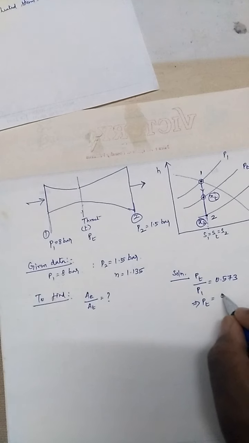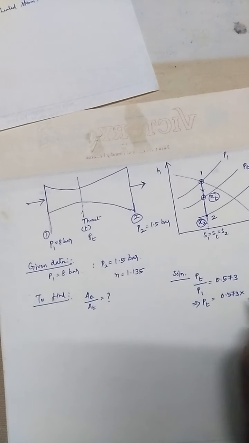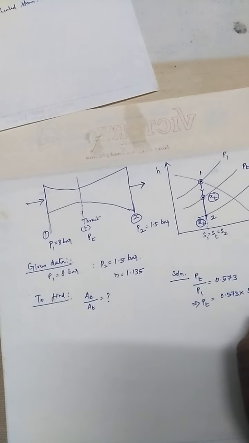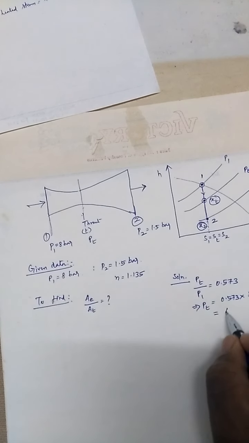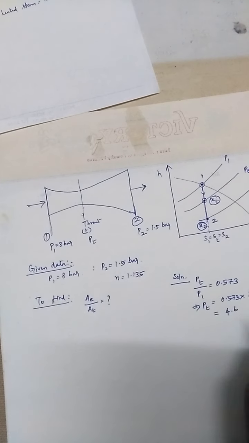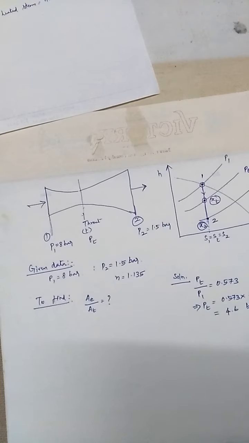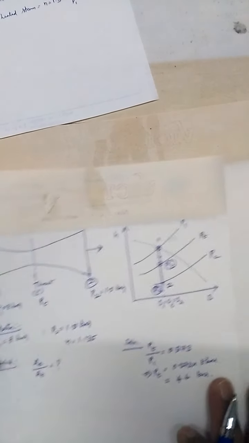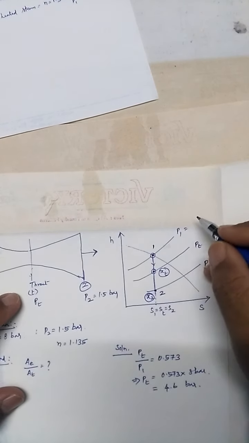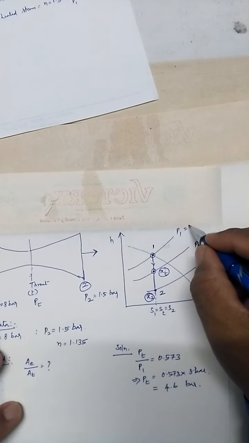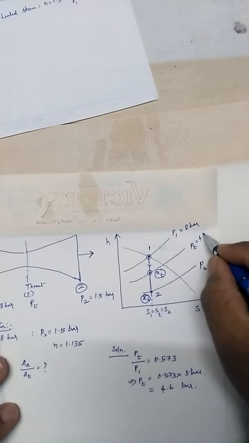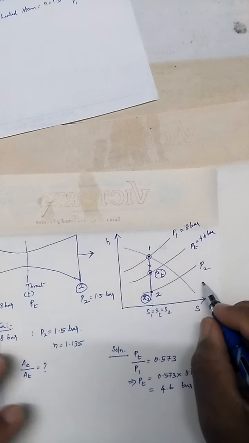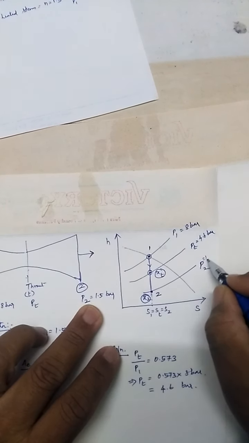So here it is 0.573 into P1, the inlet pressure, which is 8 bar. What is the value? It comes to around 4.6 bar approximately. So here we can take P1 as 8 bar, throat pressure 4.6 bar, and the exit pressure 1.5 bar.